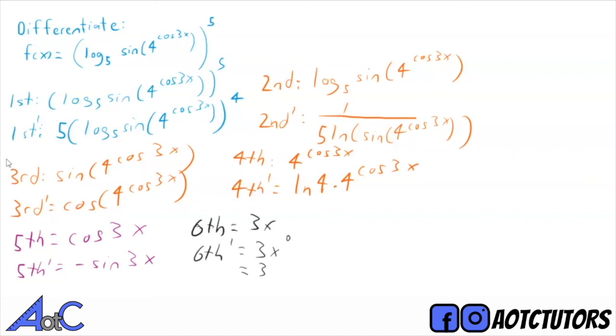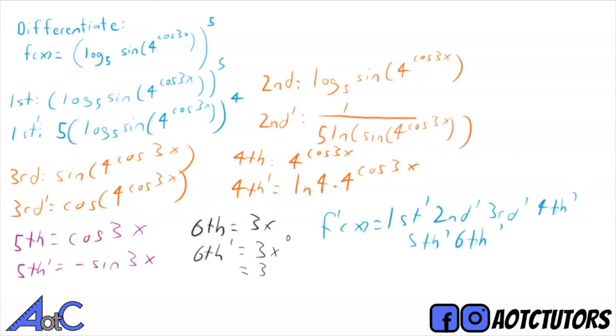And now I have all 6 of my derivatives within this giant composite function. So finally, I can say that f prime of x is just going to equal the first prime, times the second prime, times the third prime, times the fourth prime, times the fifth prime, times the sixth prime.